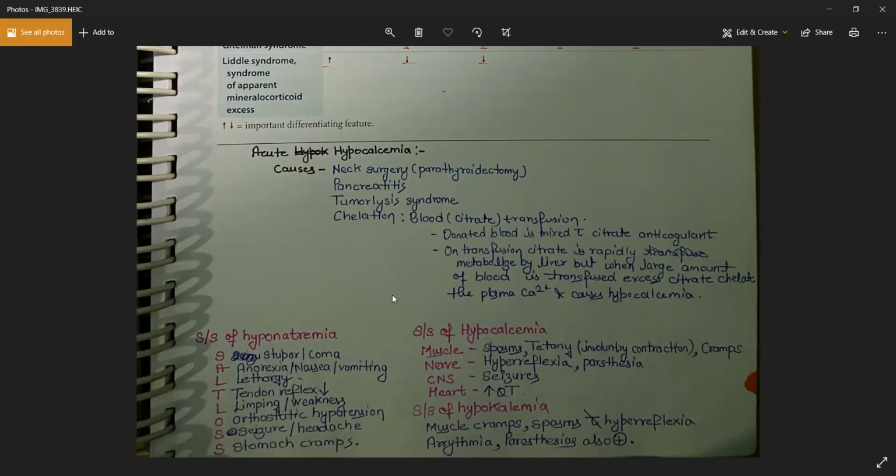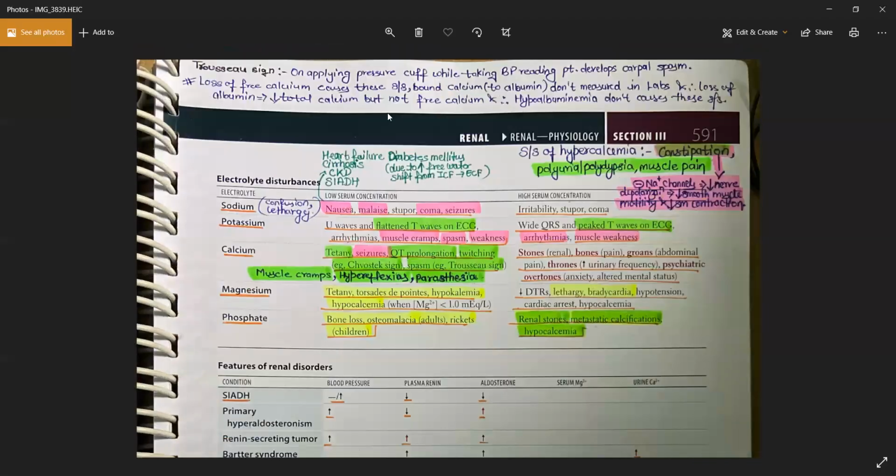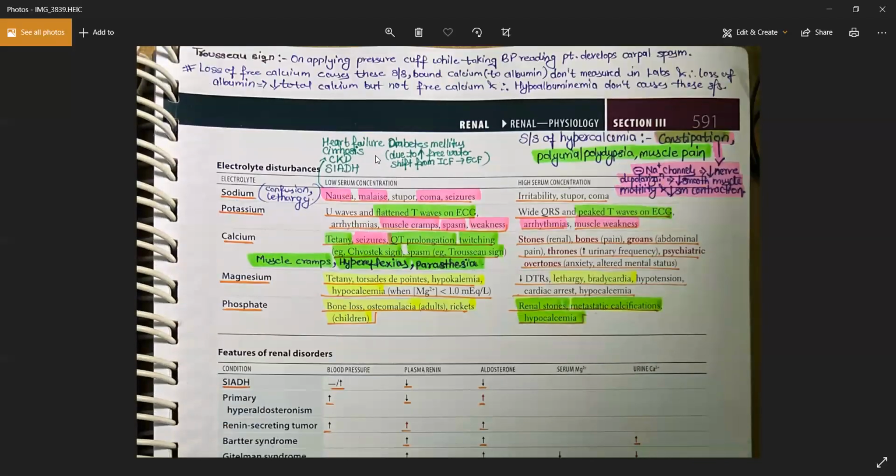Causes of hyponatremia include heart failure first, and all the causes like cirrhosis, chronic kidney disease. SIADH can cause it because in SIADH you have too much activation of ADH, right? That will cause free water reabsorption, so you will get low sodium. In chronic kidney disease, you cannot reabsorb your sodium, which will cause a loss of sodium from the body.